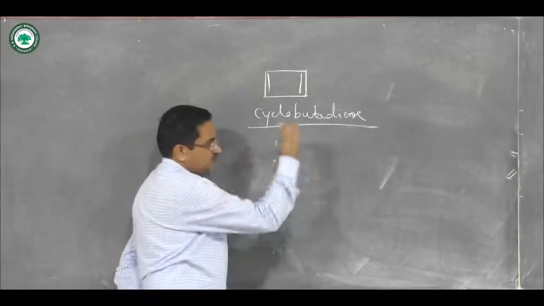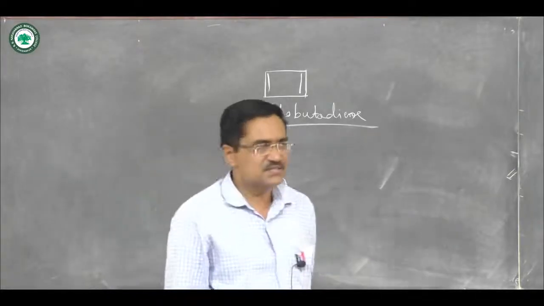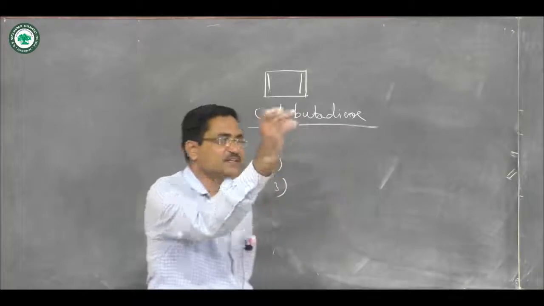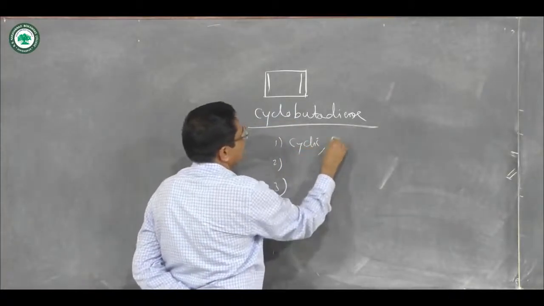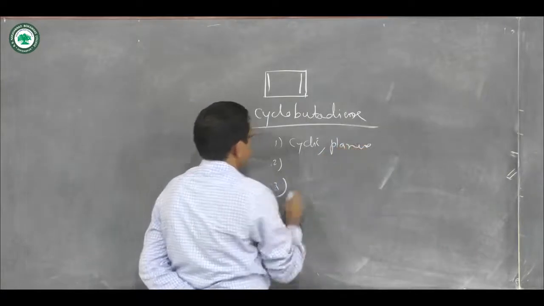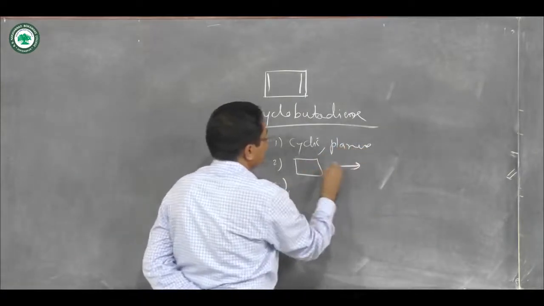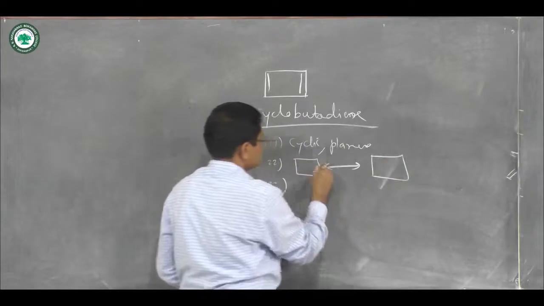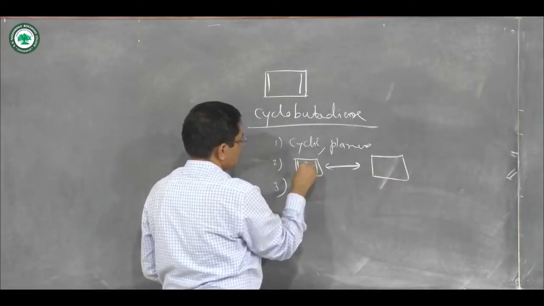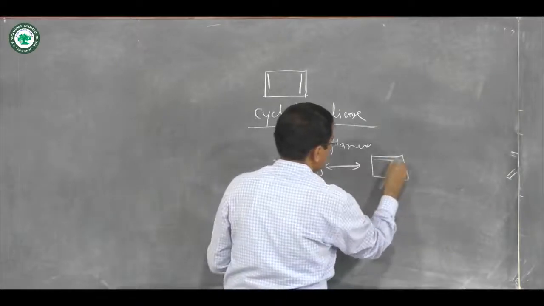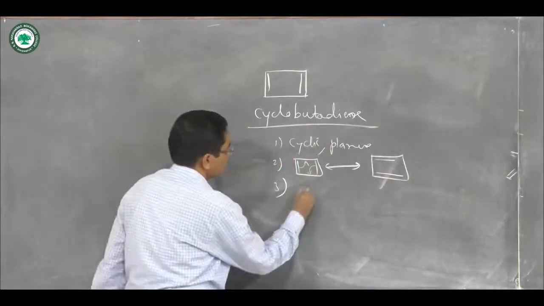Now again we apply these criteria of aromaticity, that is, it is cyclic, planar, there is delocalization of pi electrons, okay, and last one, Huckel's rule.